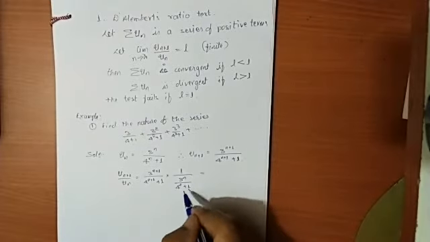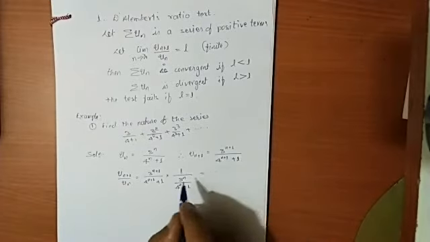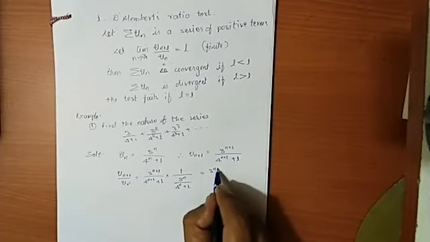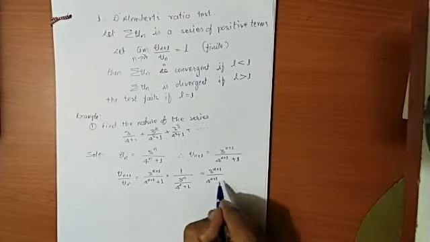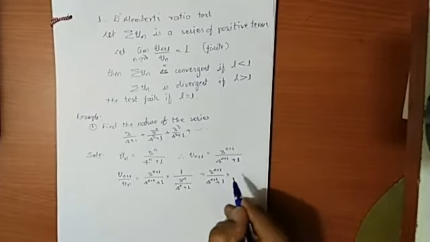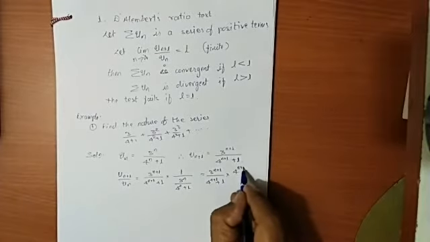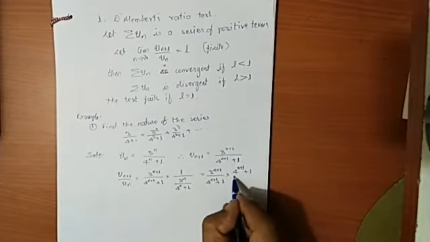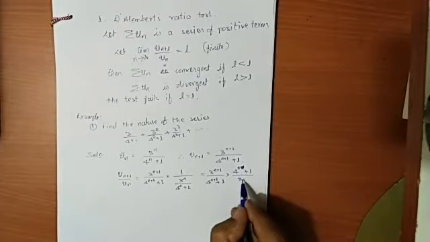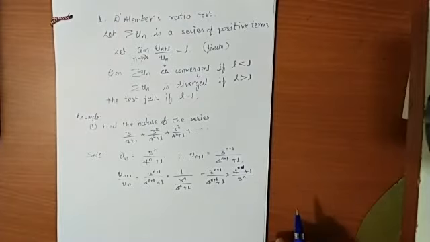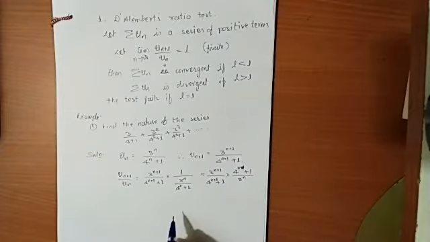Or if I take this to the numerator, this will be 3 raised to n plus 1 over 4 raised to n plus 1, into 4 raised to n plus 1 plus 1 divided by 4 raised to n plus 1 divided by 3 raised to n. So this is my u_{n+1} over u_n.